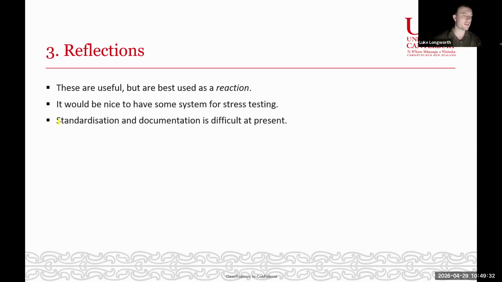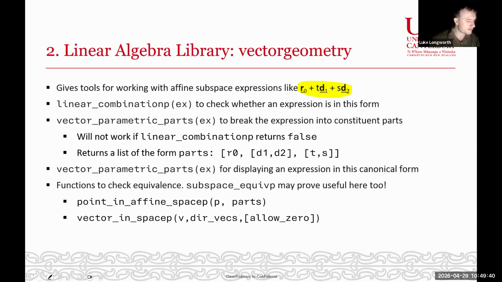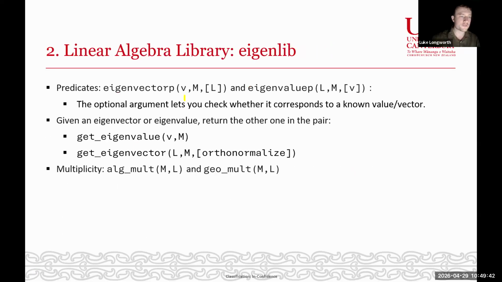And lastly, I think that as related to that previous point, standardization and documentation is difficult. If I'm going to go back to the Eigen slide, Eigenlib, notice that we have vector matrix, value matrix, vector matrix, value matrix, matrix value, matrix value.